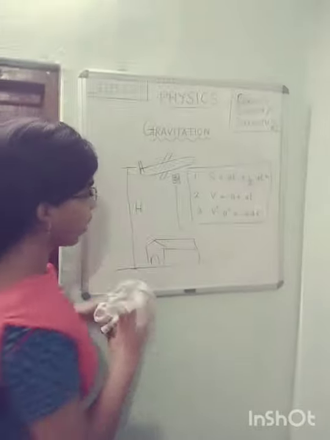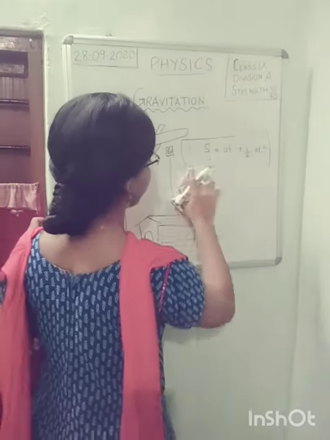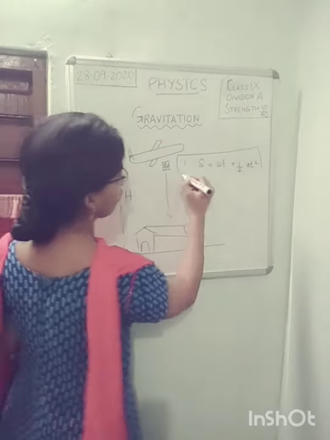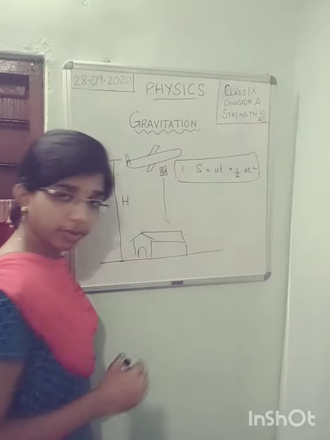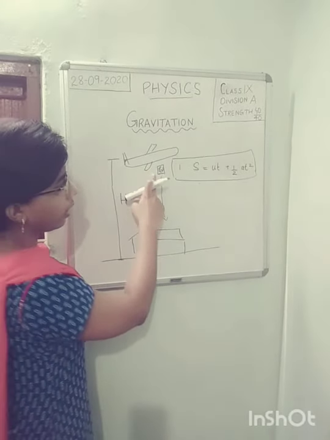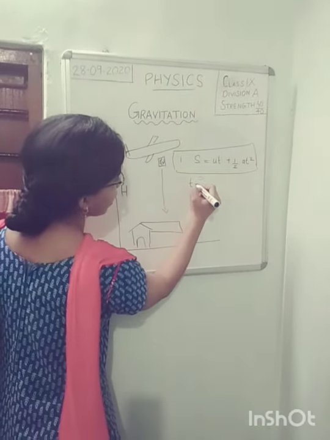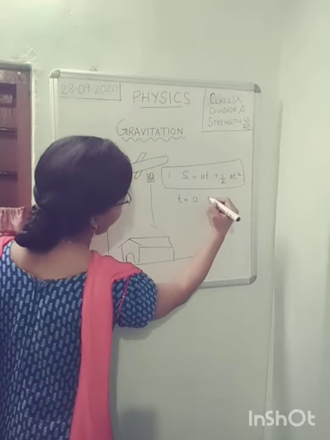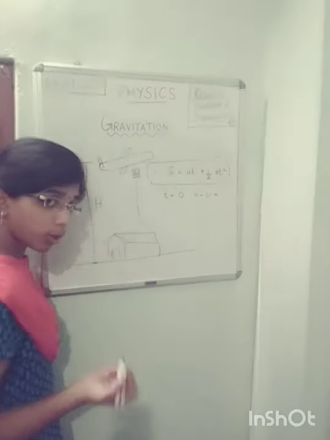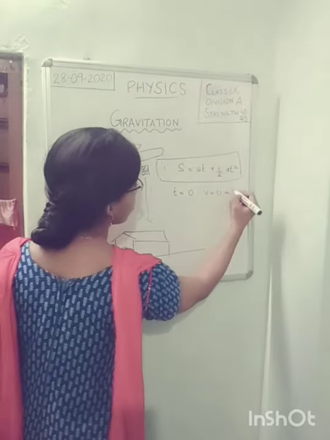So I am rubbing out the other equations of motion. If you still didn't get it, I am giving you the third clue. When the box was initially thrown out, that is at time t equal to 0, its velocity v equal to u, which is equal to what? Which is equal to 0.